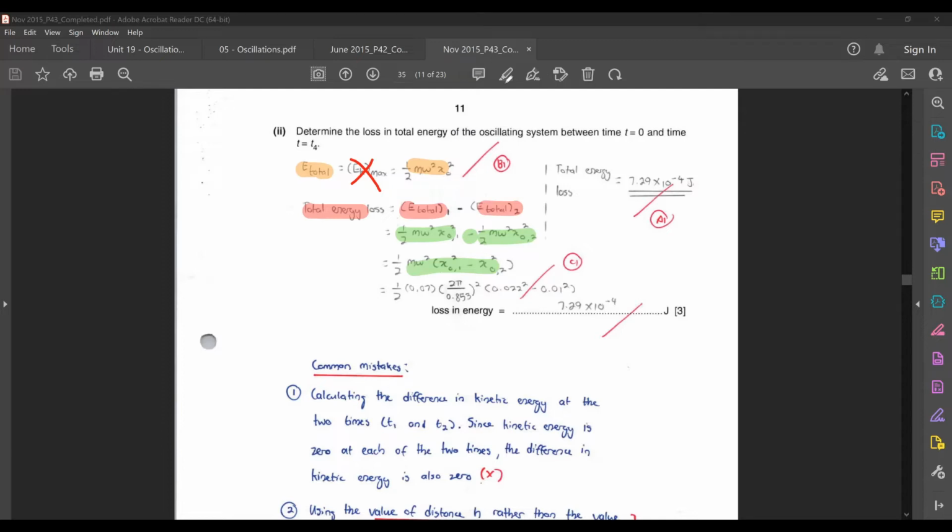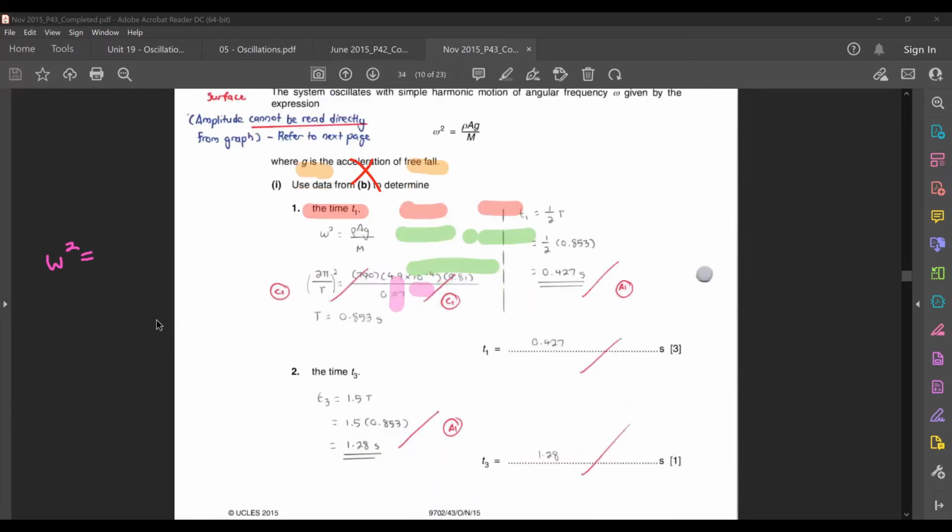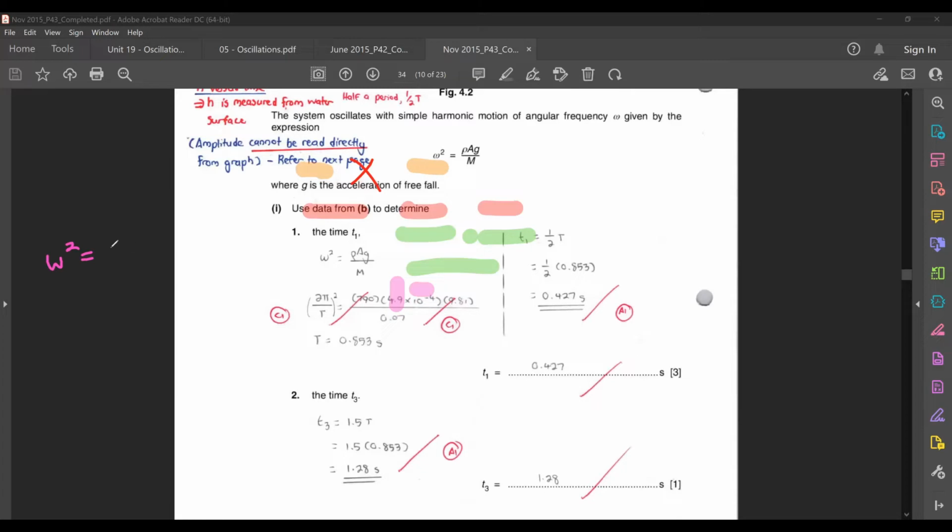Now mass you already know is 70 grams. You just divide by 1000 to change it to kg. Now your omega, if you read your question just now, omega square was actually given to you already, where it is rho Ag over m.